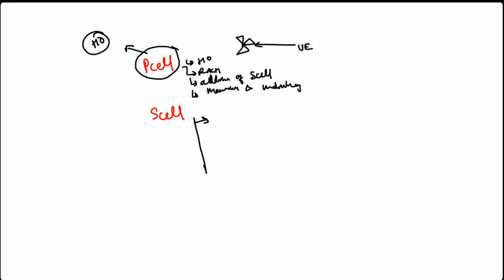The S cell can be added and removed based on requirement, based on the P cell, whenever it wants to decide how many S cells are to be added or not. This is what the S cell is going to do.